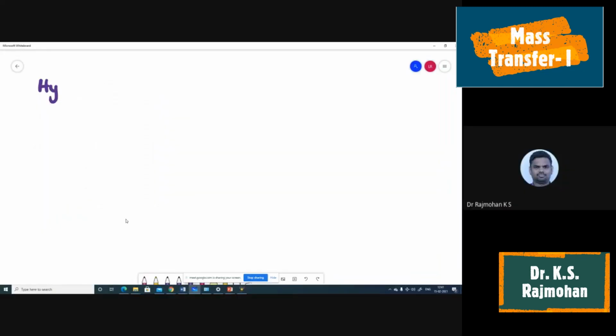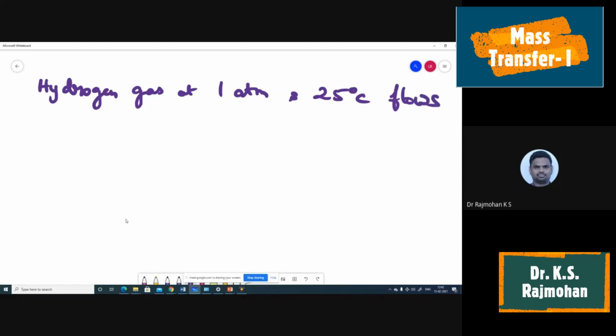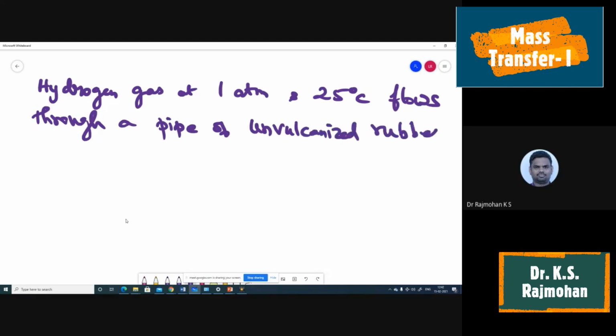Hydrogen gas at 1 atmosphere and 25 degrees Celsius flows through a pipe of the same unvulcanized neoprene rubber with internal diameter of 25 mm and outer diameter of 50 mm respectively.